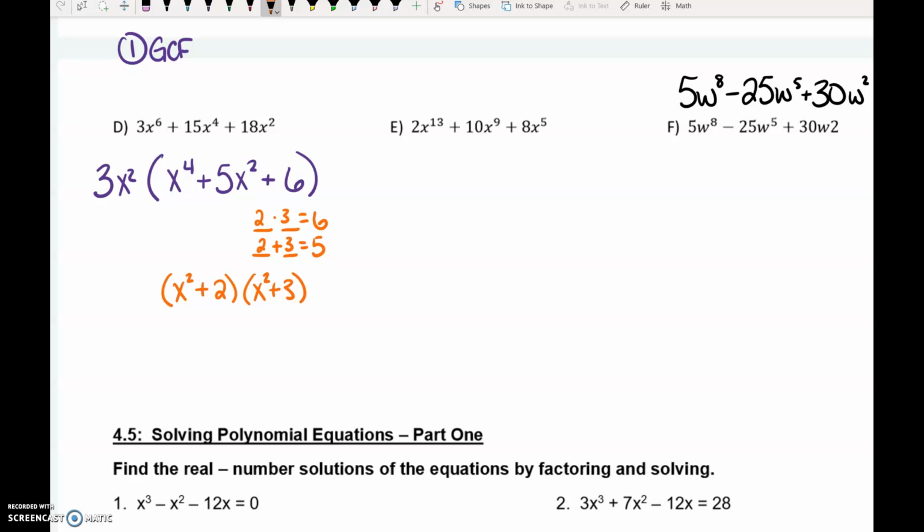X squared times x squared is x to the 4th. Basically, whatever the exponent on your middle term is, that's the exponent that you're going to use in your factored form. We still have the 3x squared in front. I don't see any x squared minus, so we are done.